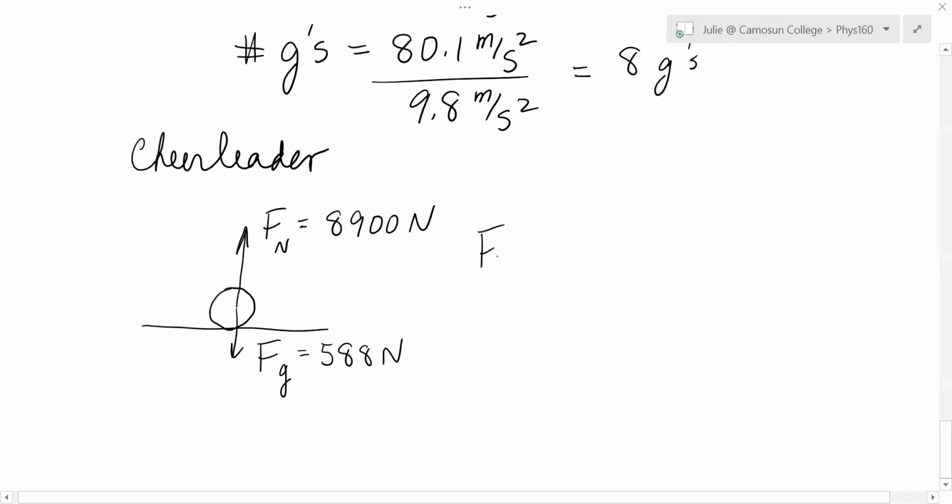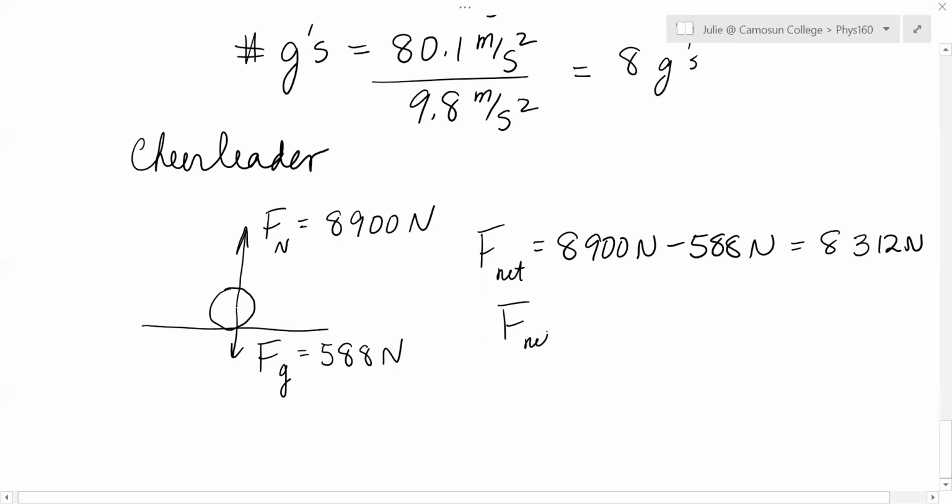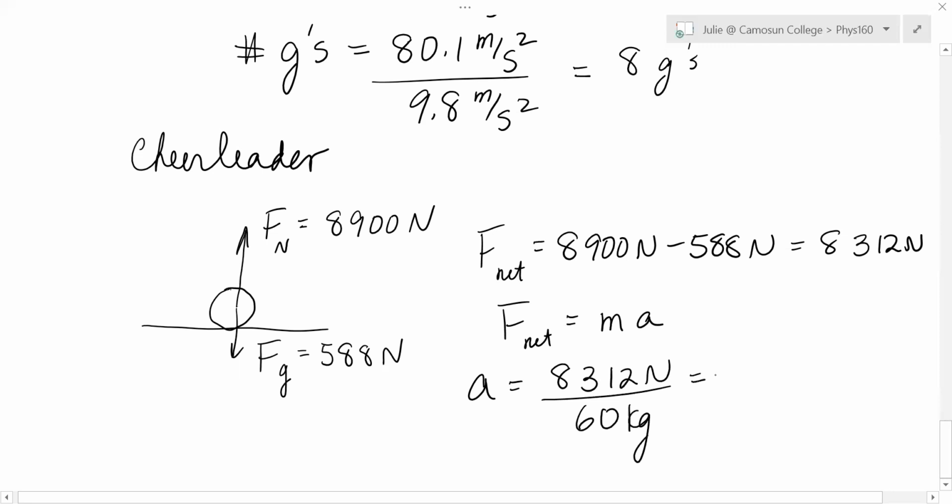And so the net force in this case is the 8,900 minus the 588, which is 8312. And so now to get the cheerleader's acceleration, you take that number and divide by the mass of the cheerleader. And so this gives you a huge acceleration, 139 meters per second squared.